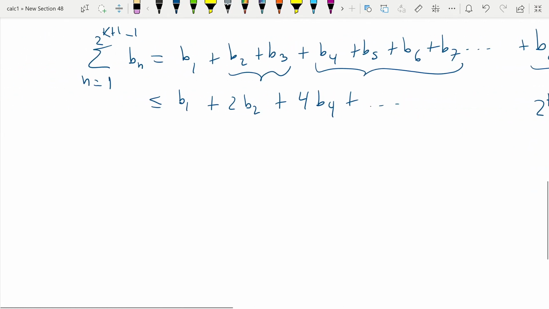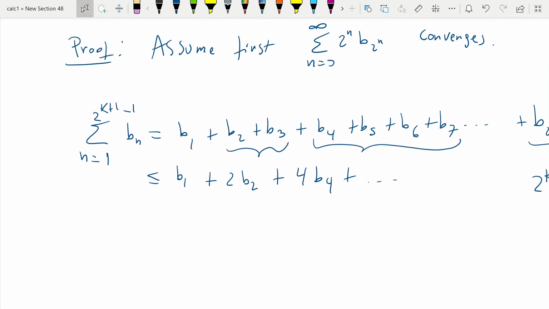But now look at this on the left hand side. This is the partial sum corresponding to the original series, so we're adding the terms up to 2 to the k plus 1, all of that minus 1.